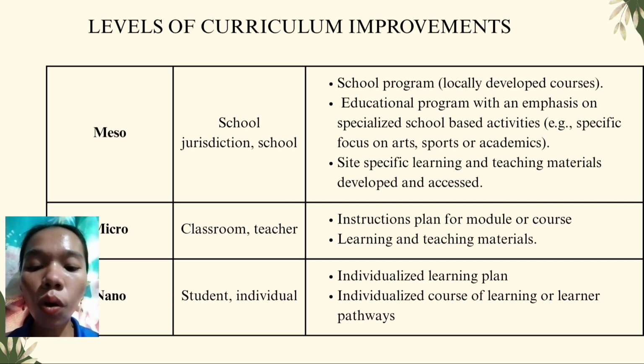Supra focuses on global standards, while Macro on national policies, Meso on institutional programs, Micro on classroom practice, and Nano on the personal learning experience of students. So these are the levels of curriculum improvement.